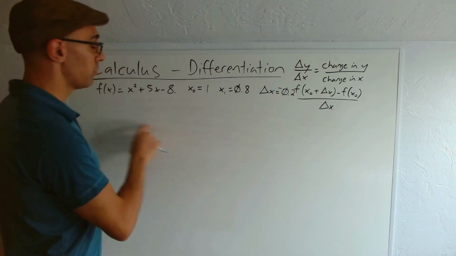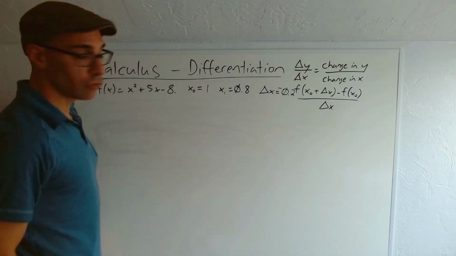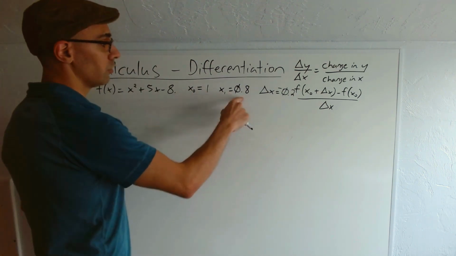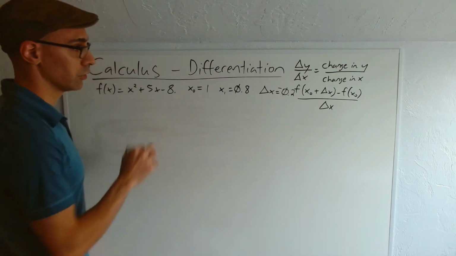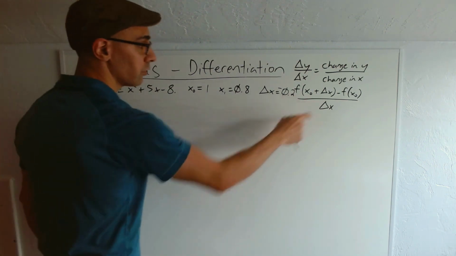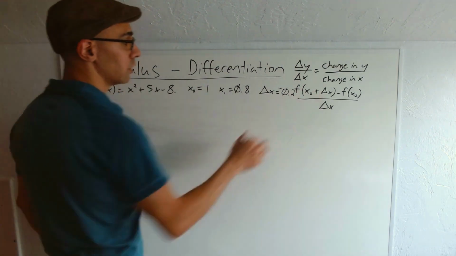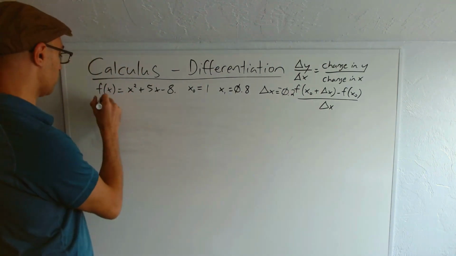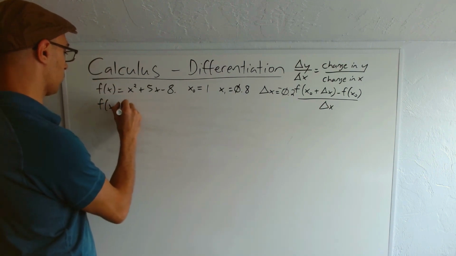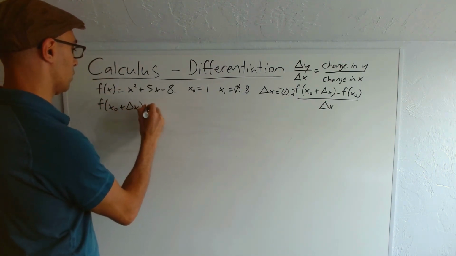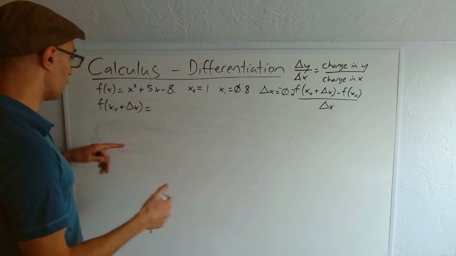So we want to know the same thing. If x goes from 1 to 0.8, how does this function change? And we're going to use this to calculate all of that. So let's start with this first piece, f of x naught plus delta x, which is, well, what is that?